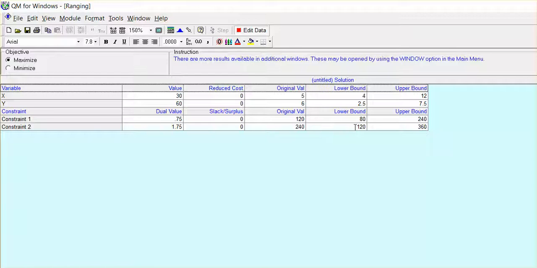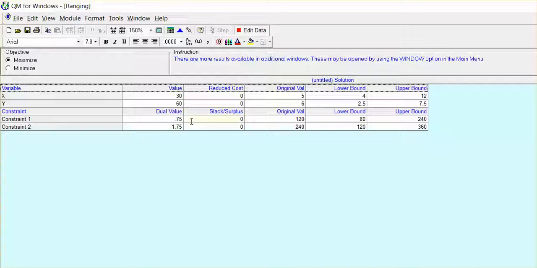Or if I would bring it, say, to 119, I'd be losing $1.75 in profit. So the key element here is always: is there a 0? That simply means the constraint is bounded, meaning I've utilized it all. And if I add 1 additional unit, hour, whatever it may be, that's my profit picture.